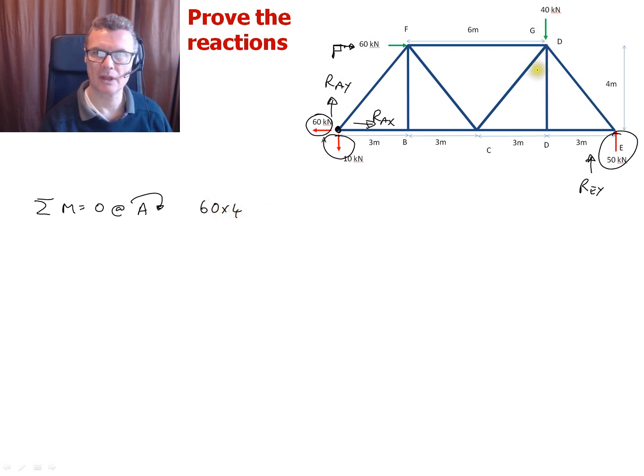This one, again, I need to make it fly so it's either horizontal or vertical with the pivot. So I'm going to make it come down to this position here. So now it's coming downwards. So the distance from here to here is 9 meters and the actual force is coming downwards here.